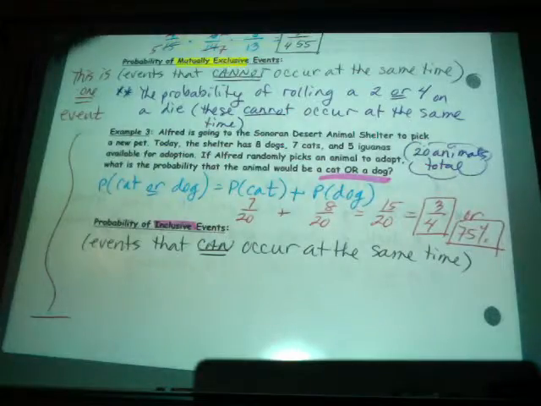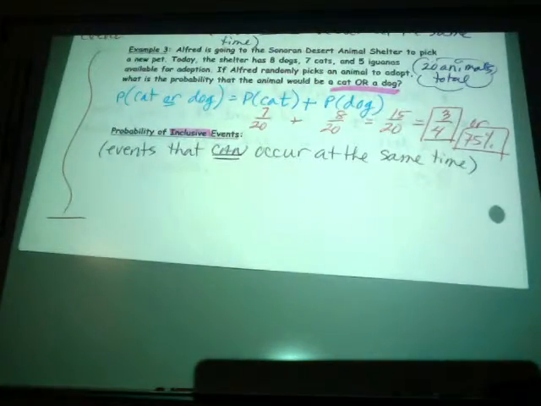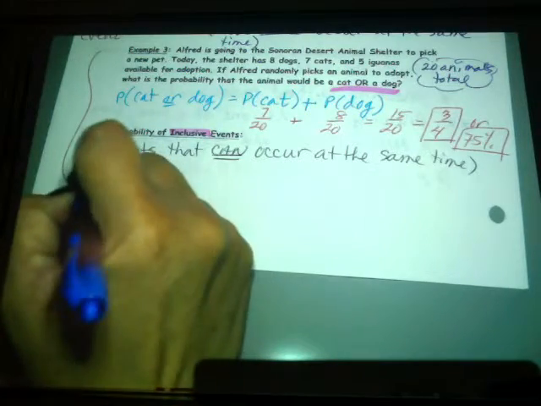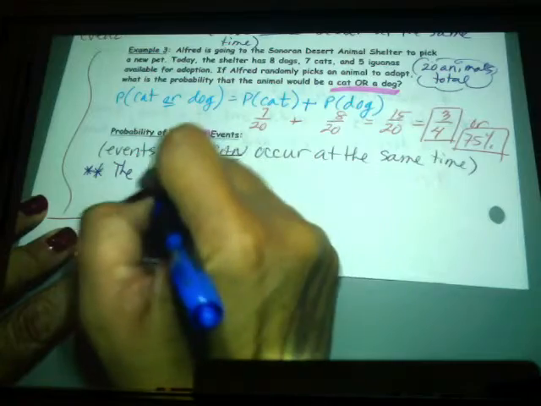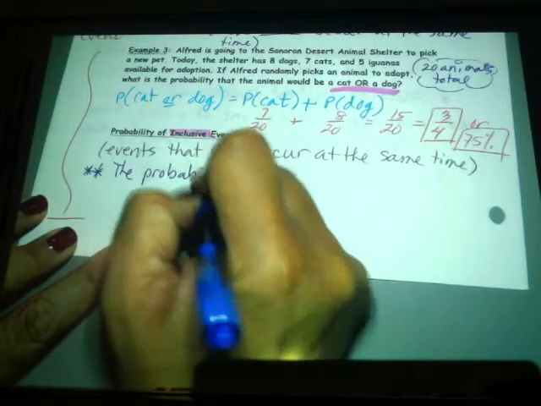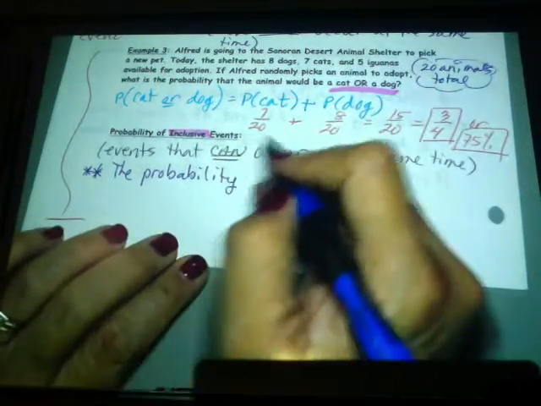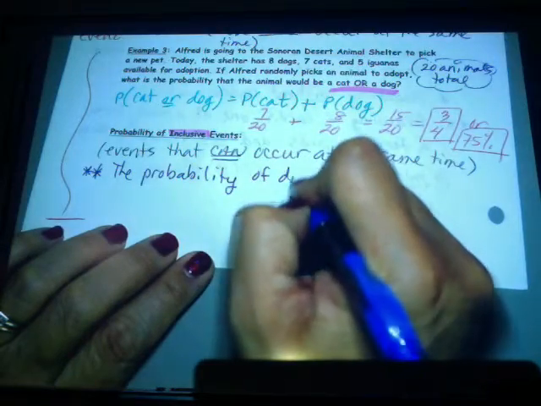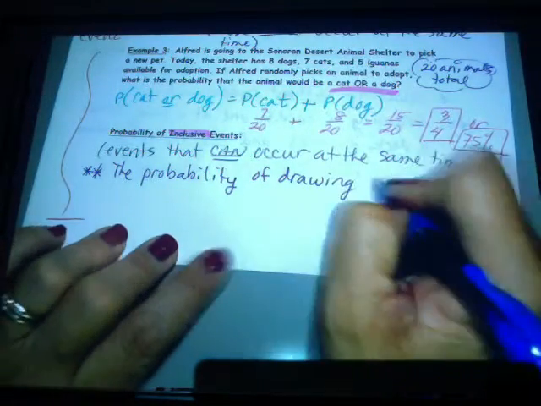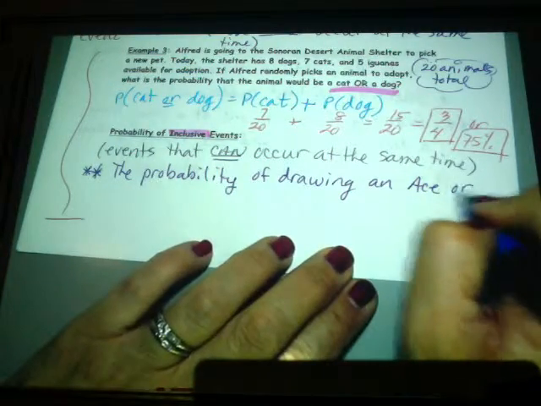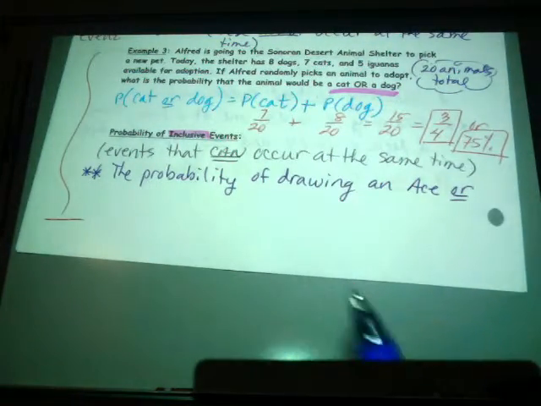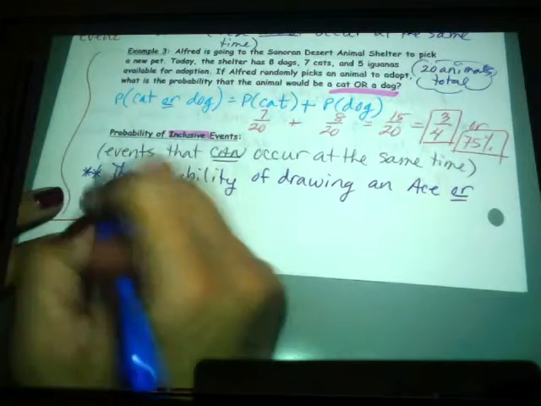So we talked about the deck of cards one. A really good example comes from drawing cards out of a standard deck. The probability of drawing an ace or, and this is key that I'm saying or and not and, of drawing an ace or a spade.